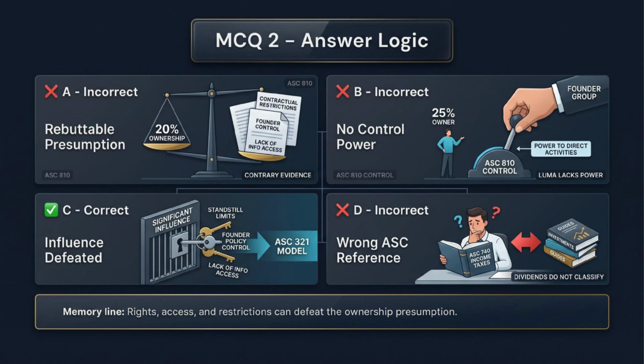Option C is correct because the standstill limits, founder group control, and lack of information access together rebut significant influence. Option D is wrong because ASC 740 deals with income tax accounting, not investment classification. Rights, access, and restrictions can defeat the ownership presumption. Percentages are helpful, but they do not get unlimited authority.